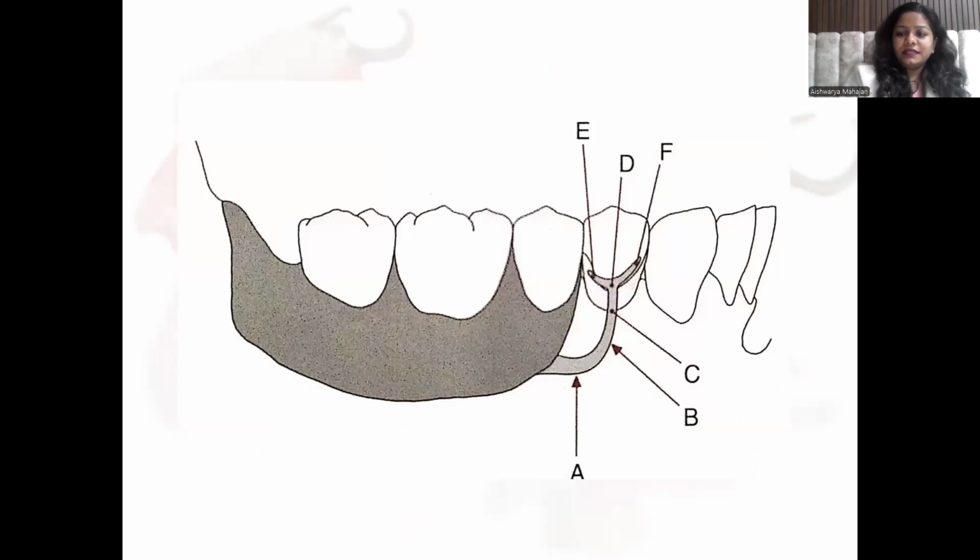Now here we can see the parts of this clasp. First, A is the horizontal projection arm of the minor connector. Then the vertical projection aspect of the approach arm is this B part.